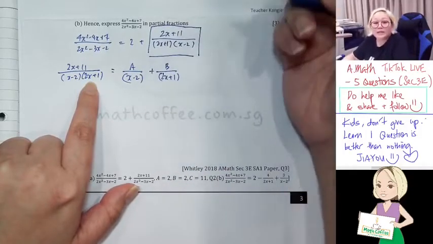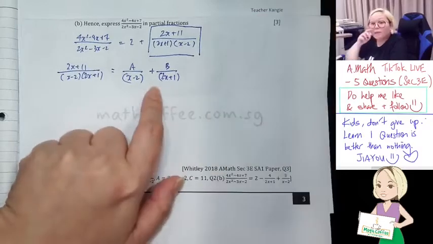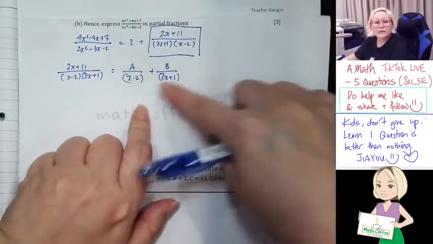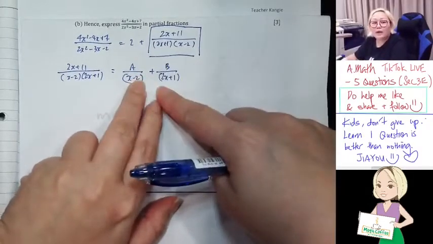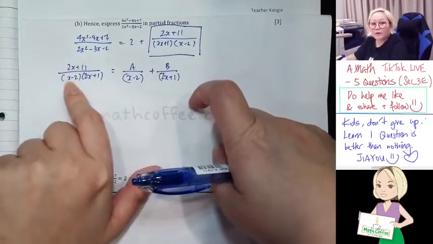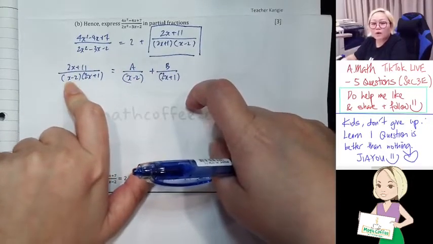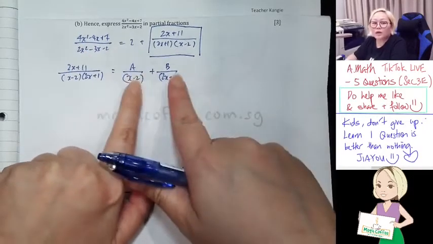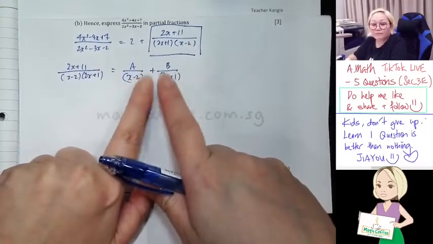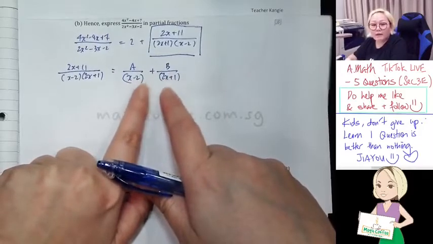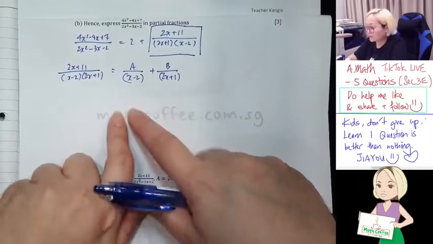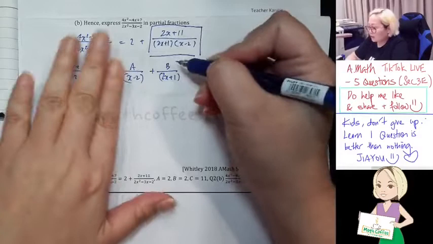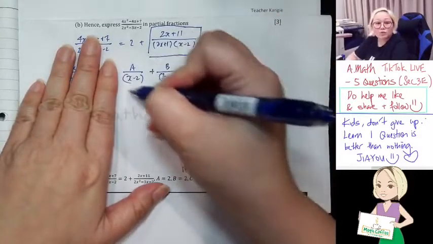So what is this partial fraction? In AMath, you do a lot of combining two fractions into a single fraction, correct? Now in AMath, they want you to do the other way. They give you the single fraction, and they want you to break it into separate fractions. You understand? Same thing, now you look at this side, I want to combine this into a single fraction.